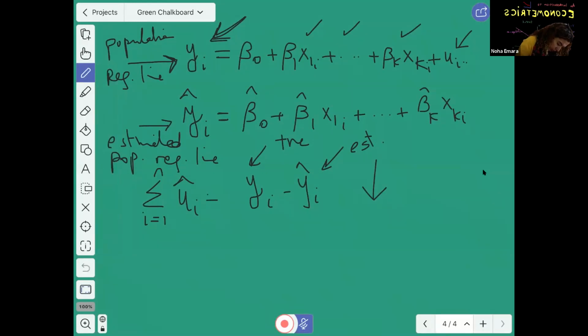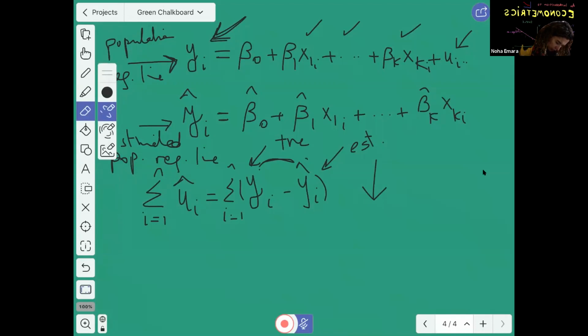So it's equal to the sum from i equal 1 to n of this gap. Sometimes my estimation is bigger than the y, and I might have the opposite, my estimation is lower than the y. So sometimes this gap can be positive or negative. So in order to avoid any negative sign, you can make your life easy.